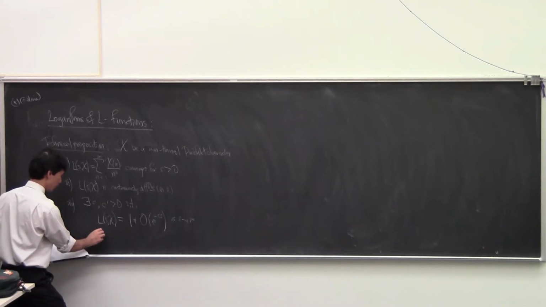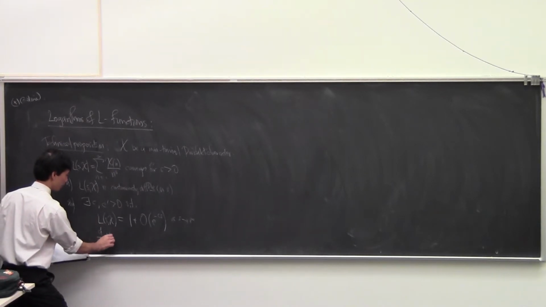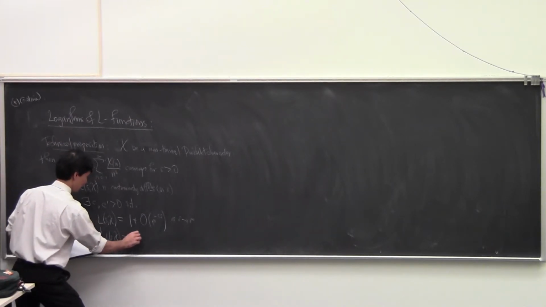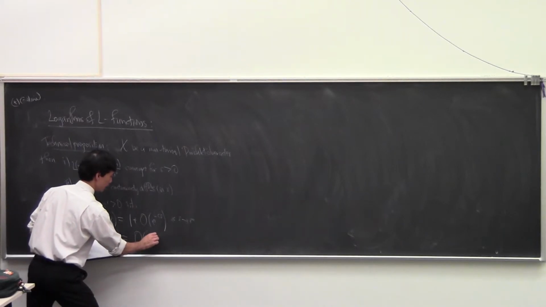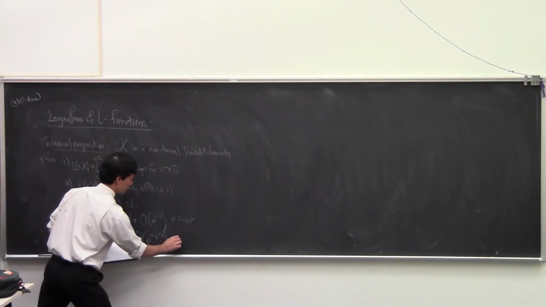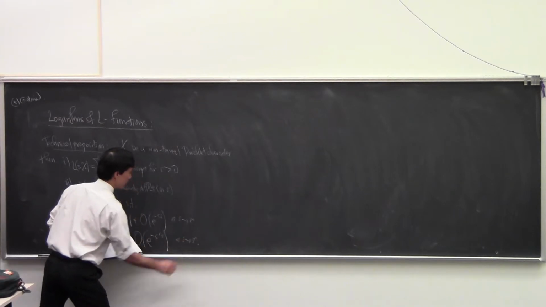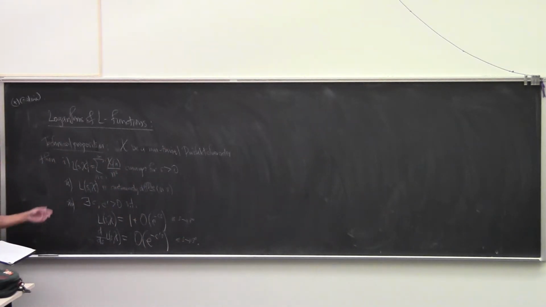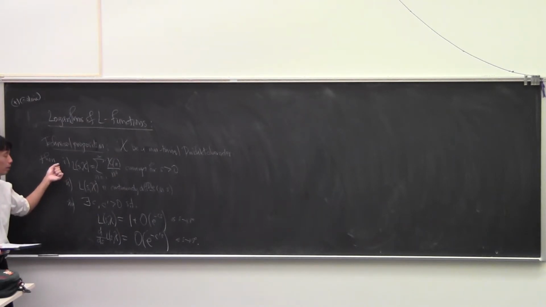And the derivative is of the order of e to the negative c prime s, again as s goes to infinity. And we need these things to create the definition of the logarithm.